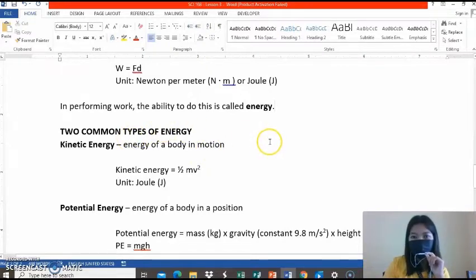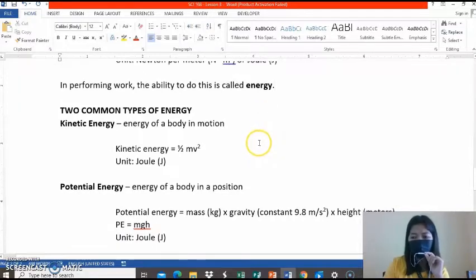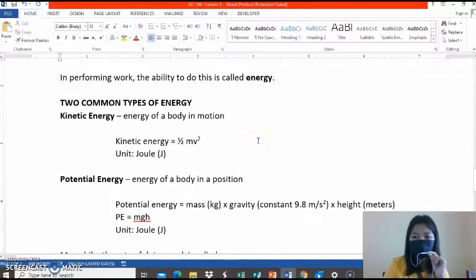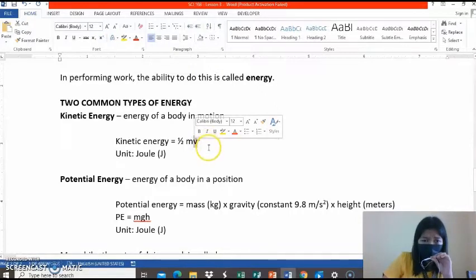So we have two common types of energy. You already know this, the kinetic energy and potential energy, since this is already discussed in physics for health sciences. So for the first one, kinetic energy, we all know that it is the energy in motion, while potential energy is the energy at rest. So for kinetic energy, we have the formula 1/2 multiplied to mass multiplied to speed squared.